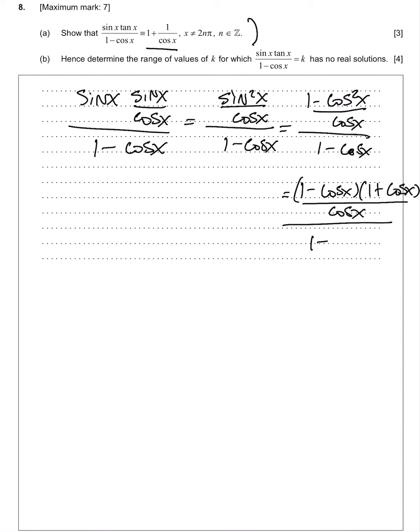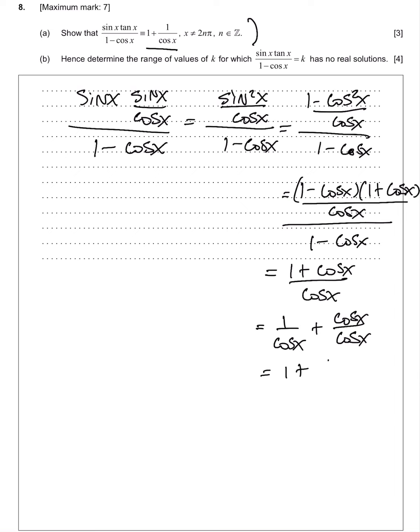And now I'm going to be able to cancel a piece out. So that'll equal 1 plus cos x over cos x, which is equal to 1 over cos x plus the cosine over the cosine, which is what we wanted to demonstrate.